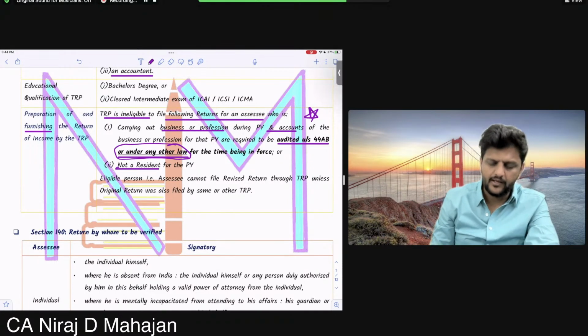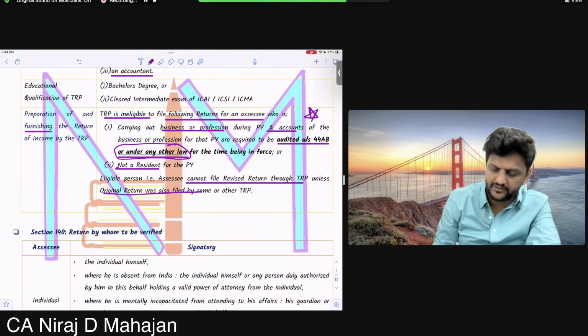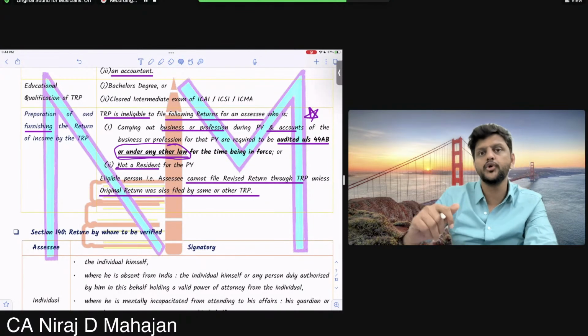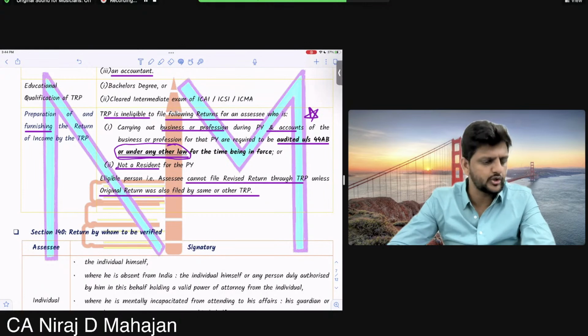Okay? Eligible person. Who is the eligible person? Assessee. Also, बच्चों, you cannot file a revised return through a TRP unless the original was also filed by the same or through another TRP. Only if the original was filed through TRP can the revised also be filed through TRP, otherwise not.